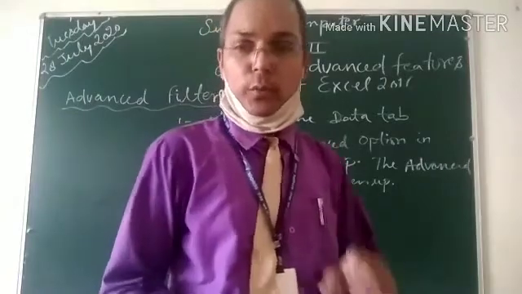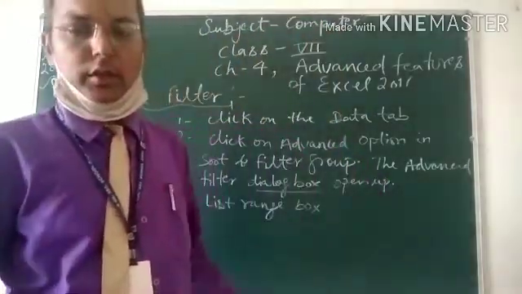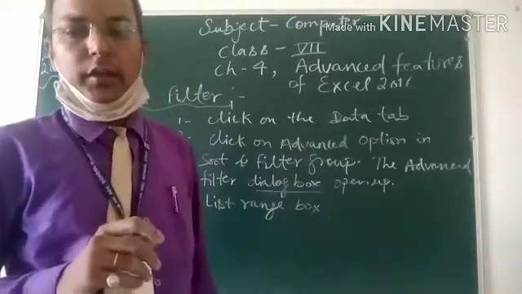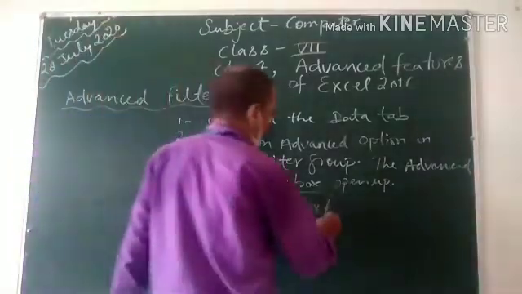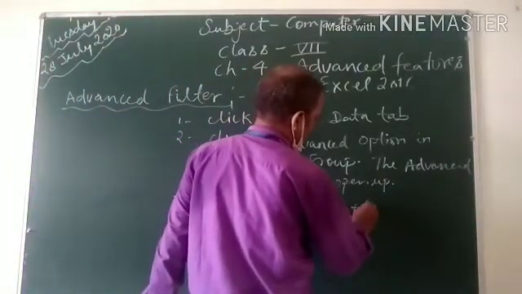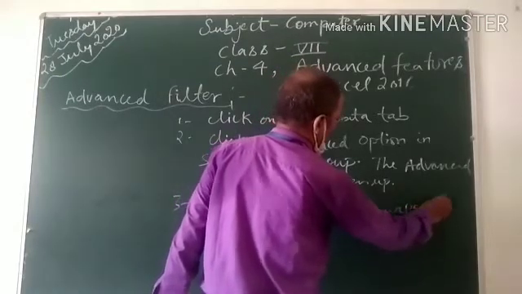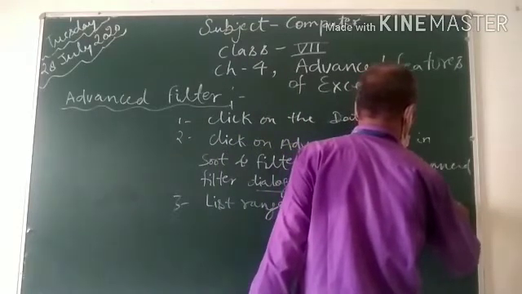In figure 4.7 and figure 4.8, you can see A5 to D8. Therefore, the list range will appear automatically.